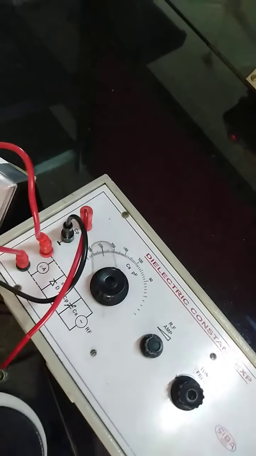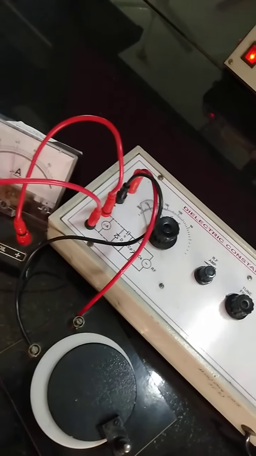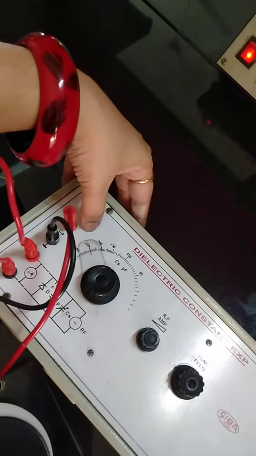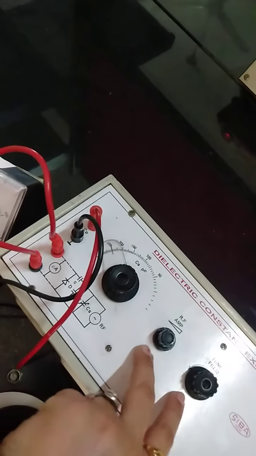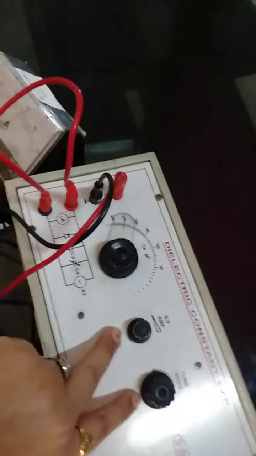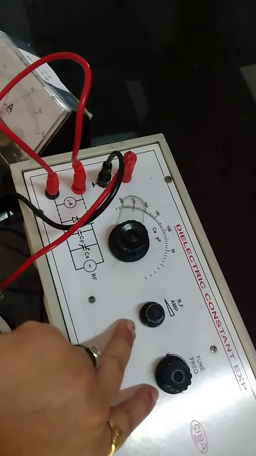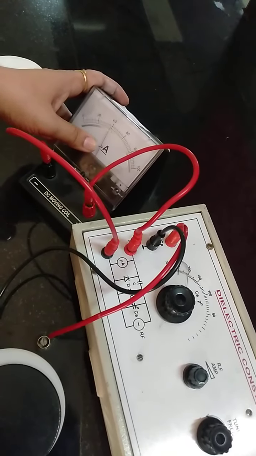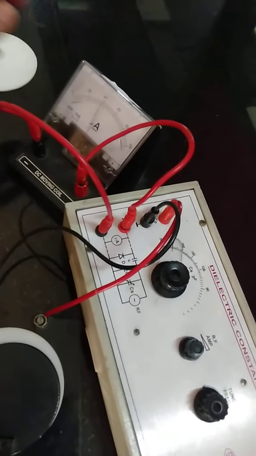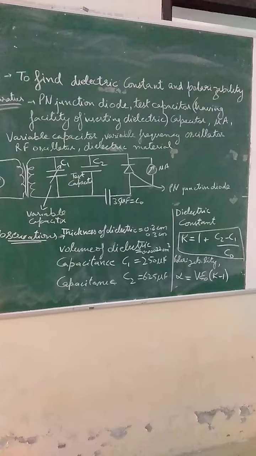Corresponding to that, if I again change this dielectric slab, then I can get the second value of CS. So with this RF amplifier and tuning, I can get the maximum ampere current value. Calculations I will show you again in the observation table.